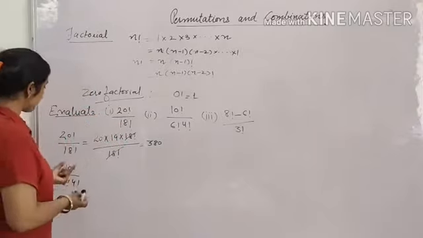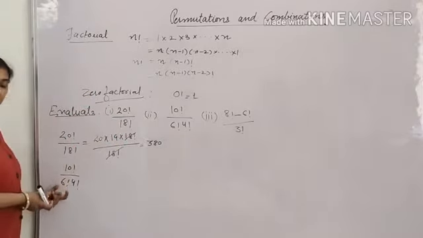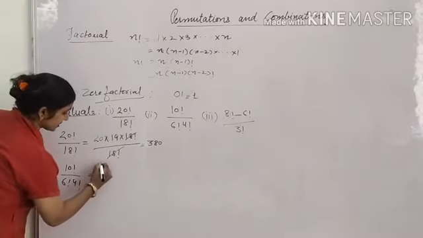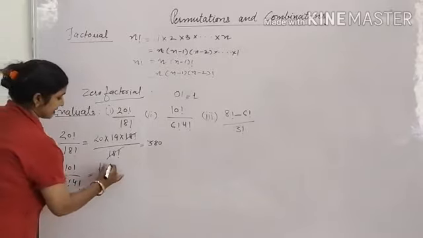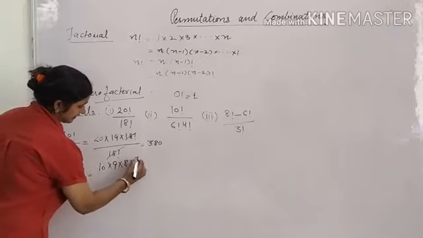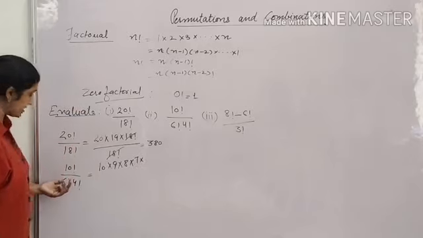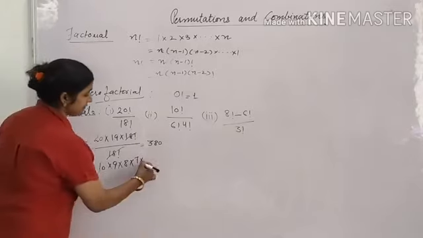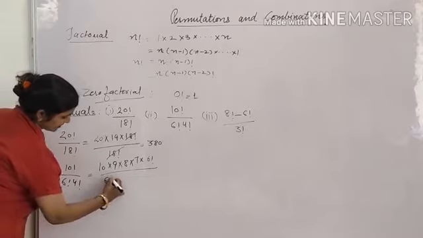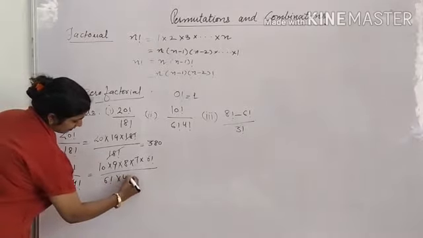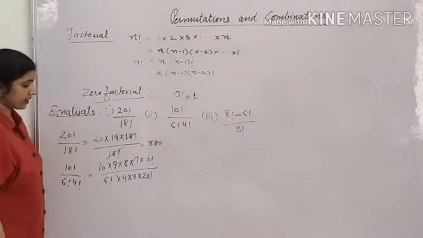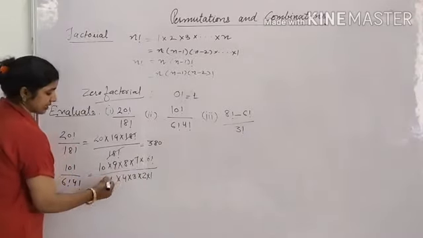So reduce this 10 factorial to 6 factorial so that the bigger factor will get cancelled out. So 10 factorial will be 10, 9, 8, 7, and we stop at 6 factorial. In the denominator we have 6 factorial, and 4 factorial can be calculated with simple calculations. Then 6 factorial gets cancelled out.